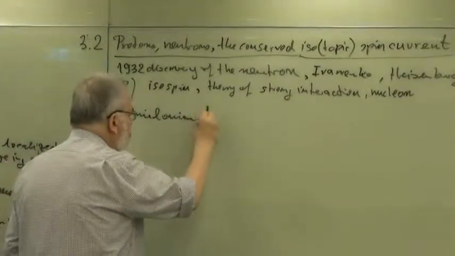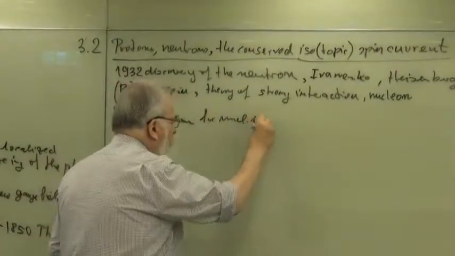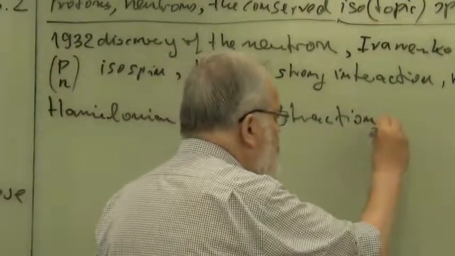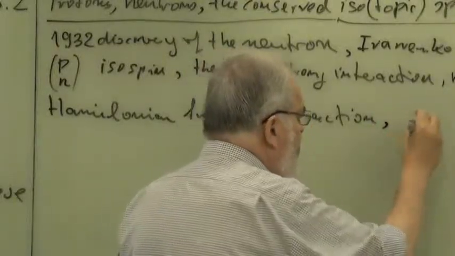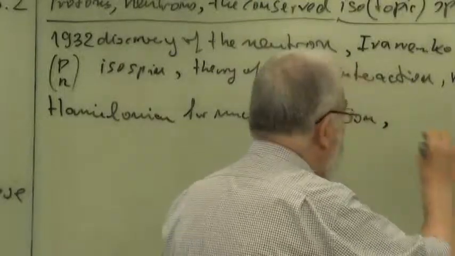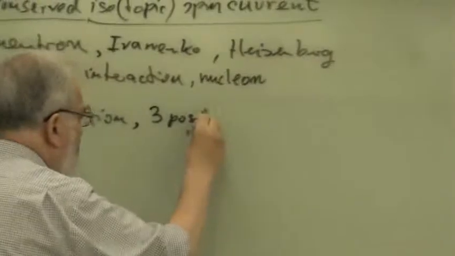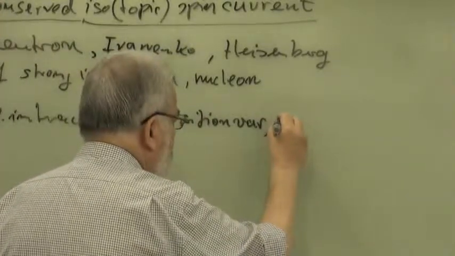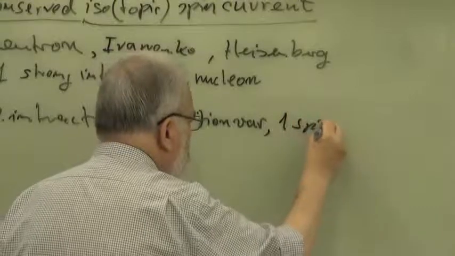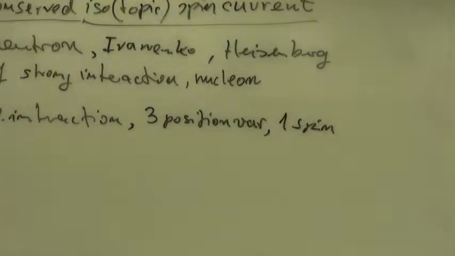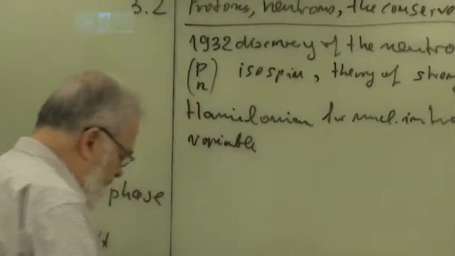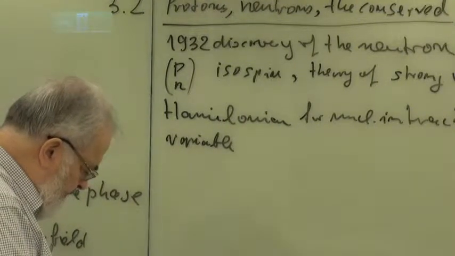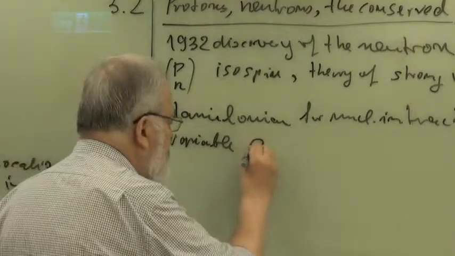So Heisenberg wrote down a Hamiltonian for the nuclear interaction, which I'm not going to write down, but he assumed that each particle, proton or neutron, can be characterized by three position variables, say x, y, z, by one spin variable, I mean spin up or spin down, Lorentz spin if you like, and by a new variable, which he called rho spin.